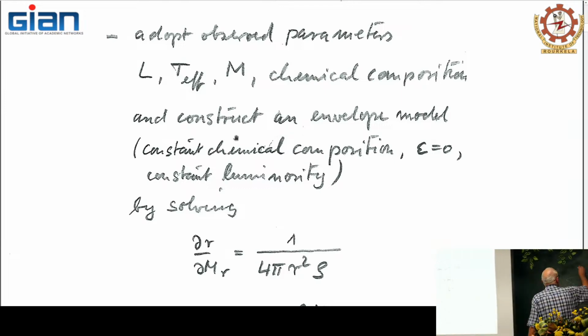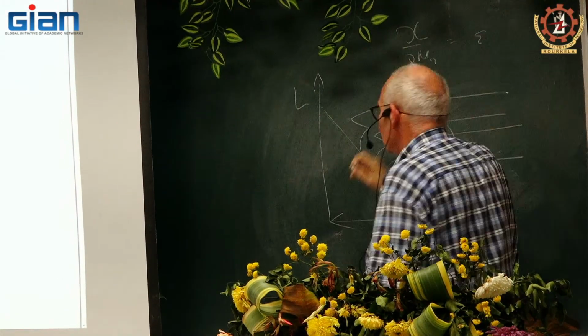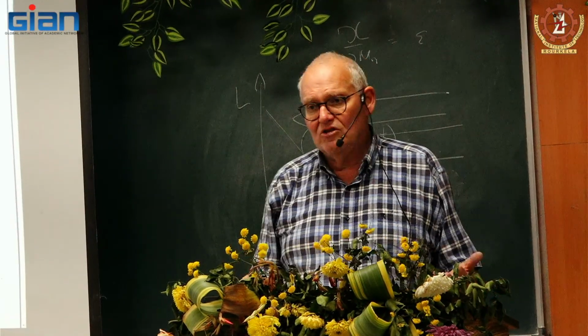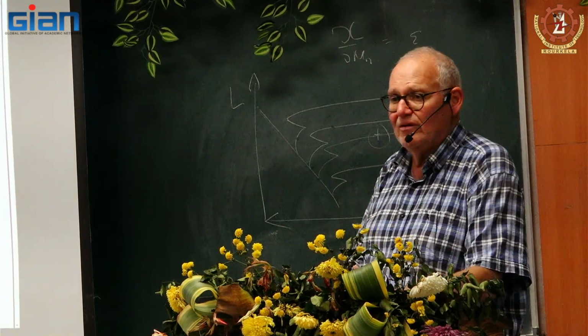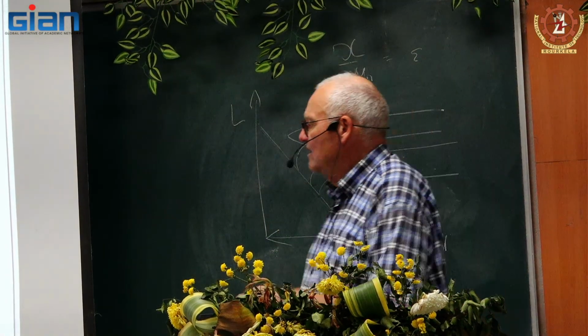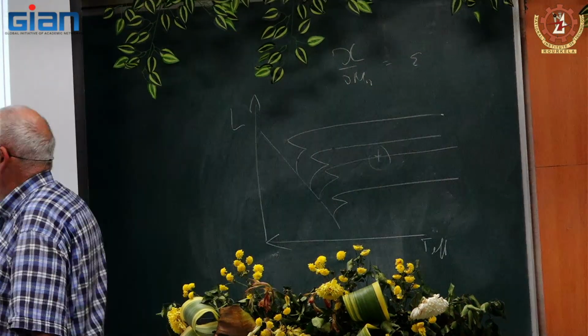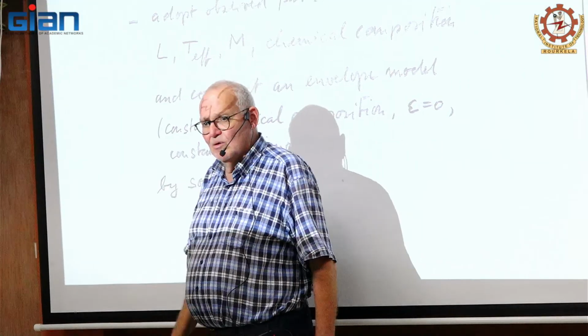The equation which we should integrate is dL/dm equals epsilon. If epsilon, the nuclear energy generation, is disregarded, then dL/dm is 0 and L is constant. So we don't need to integrate this equation, but we keep the constant luminosity as observed for the object.